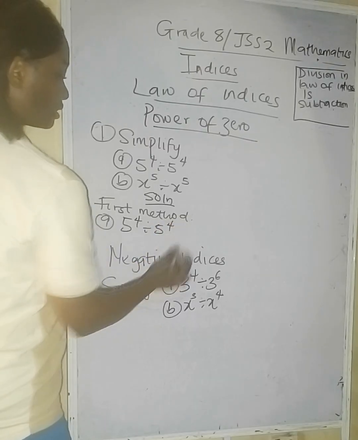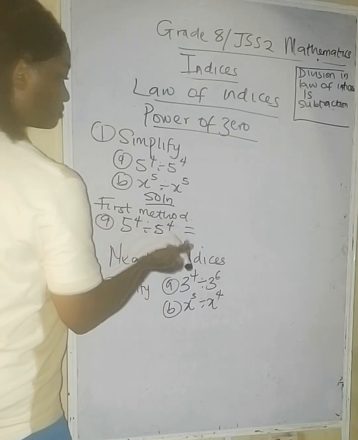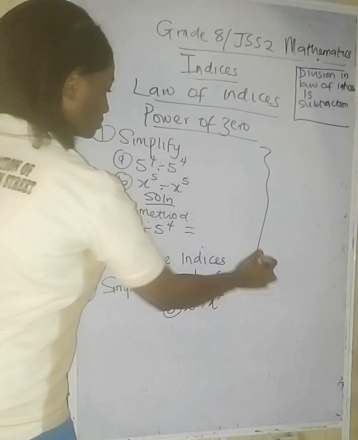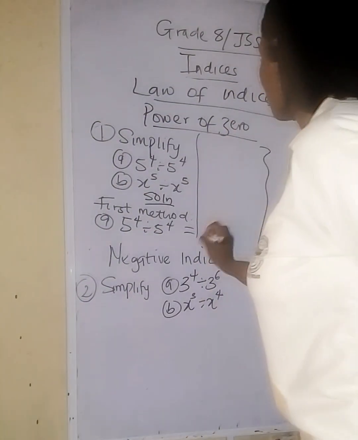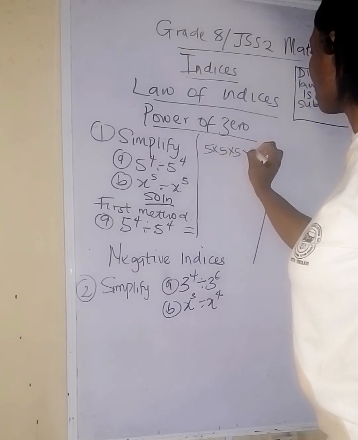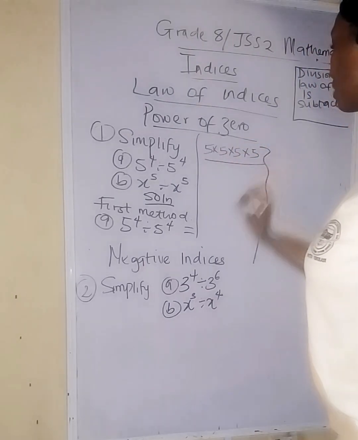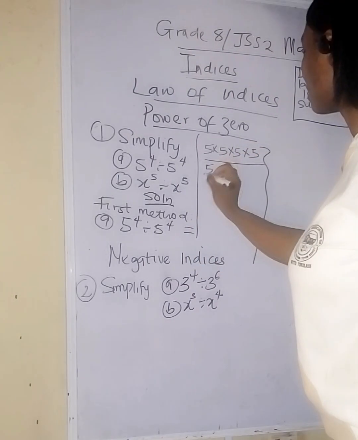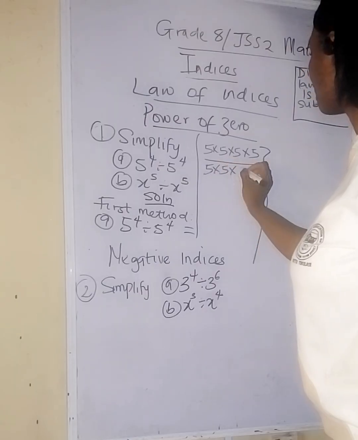And that means we count 5 four times. So that will be 5 times 5 times 5 times 5 divided by 5 times 5 times 5 times 5.